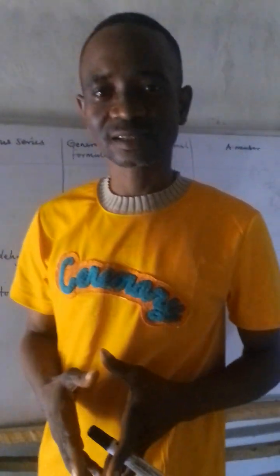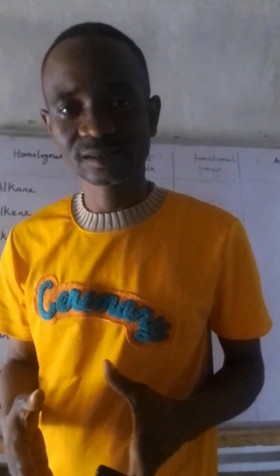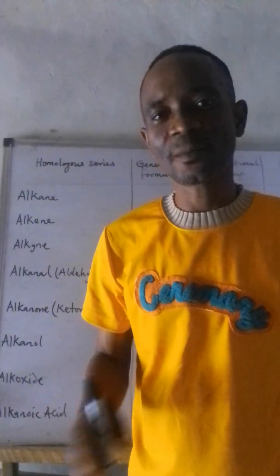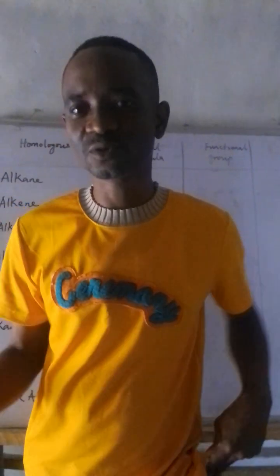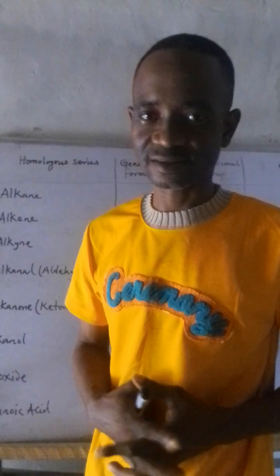Today we want to look at homologous series. In organic chemistry, organic compounds are grouped according to certain characteristics, and these groups are called homologous series. What is a homologous series?